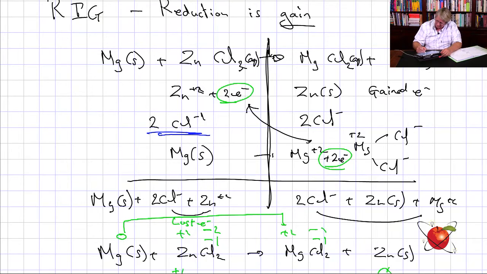Let's just do it in blue. Can you see here the chlorine stayed dissolved and stayed dissolved on the other side? In other words, the chlorine is a spectator ion. Okay, it played no role in this process.